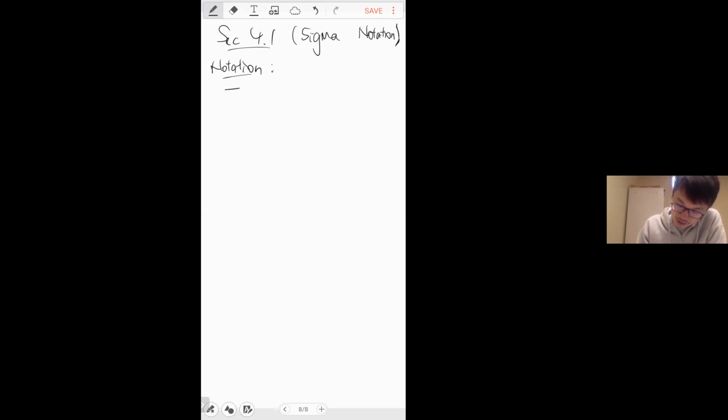When I write this sigma expression, I mean the summation of all the numbers q sub i, and you want your i to go from m to n.